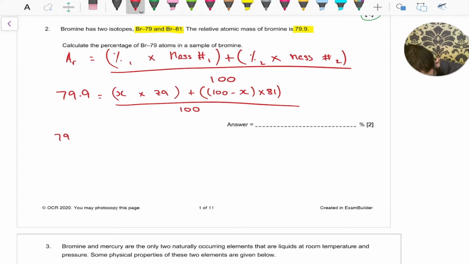It's going to become 7990 is equal to, now 79 times X is 79X plus, so we've got 100 multiplied by 81. So we've got 8100, and we've got minus X multiplied by 81. So that's minus 81X. We've already taken the 100 to the other side.